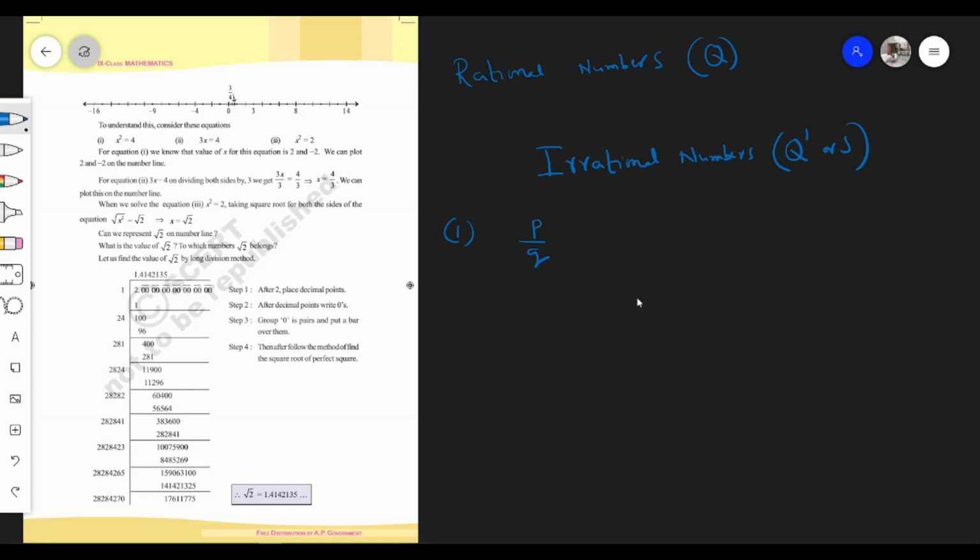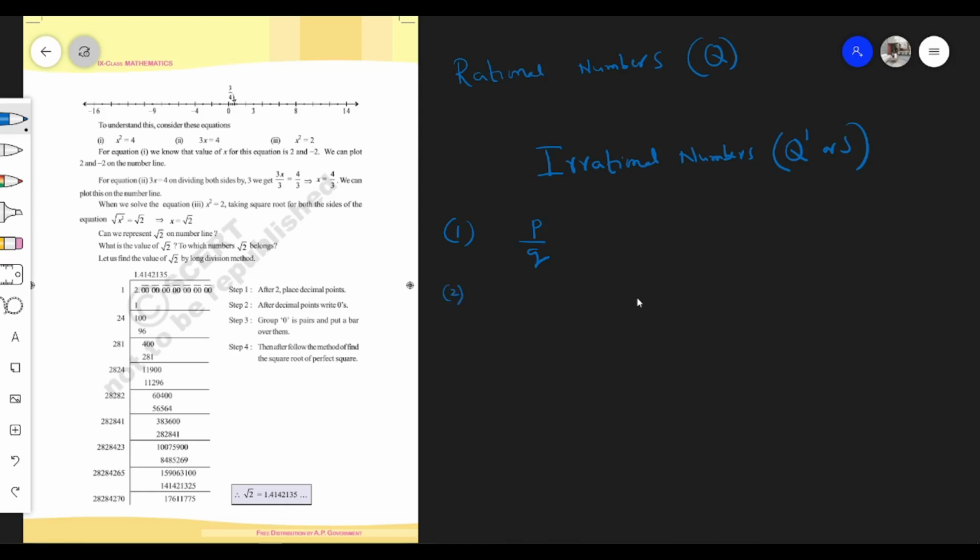That's what we have seen now: non-terminating, non-recurring. Had it been terminating, or non-terminating recurring, it would have been in p by q form. Since it is neither terminating nor repeating, we cannot write it in the form of p by q. So yes, such numbers exist in our number system.